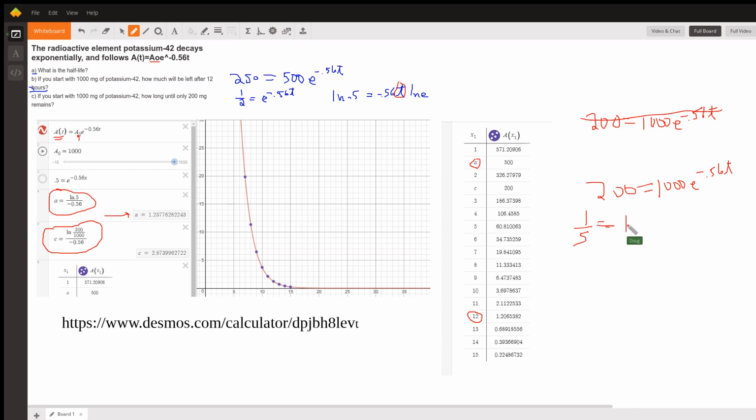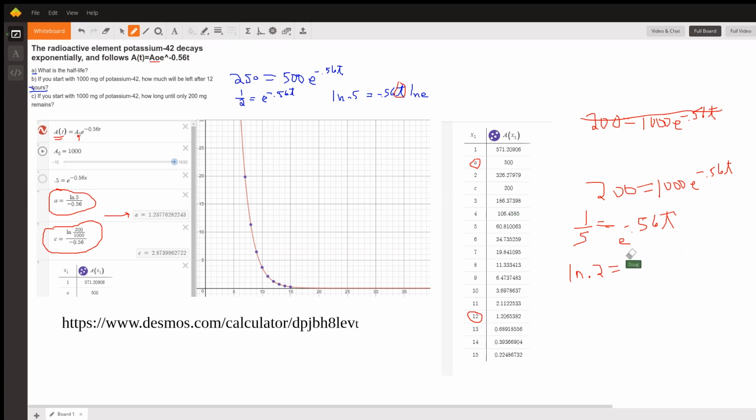equals e to the negative 0.56t. I take the natural log of both sides, and this is the log of 0.2 equals the natural log of that thing, but I can pull this exponent down front.